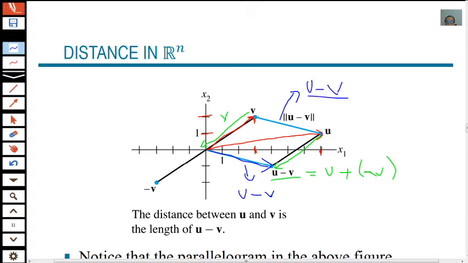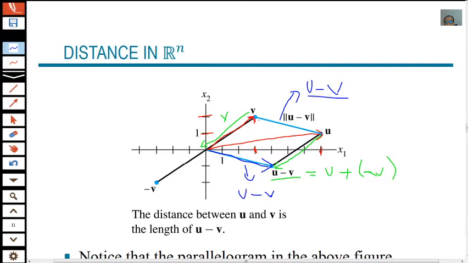And our aim is to find the length of this one, to find the distance between u and v. Actually, the distance between u and v is the distance between the terminal points geometrically, as you can see.